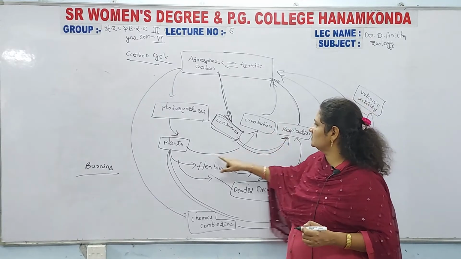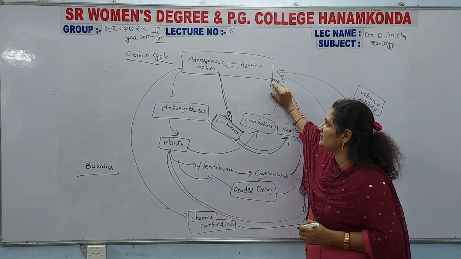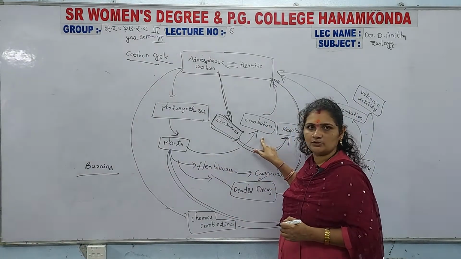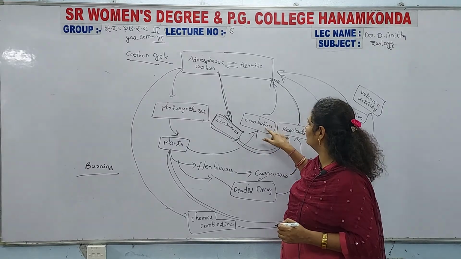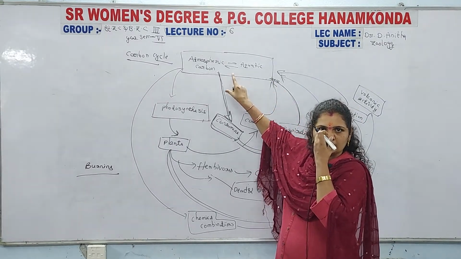So when the plants are burnt, immediately they again enter the atmospheric carbon. That mechanism, combustion, directly returns carbon to the atmosphere.